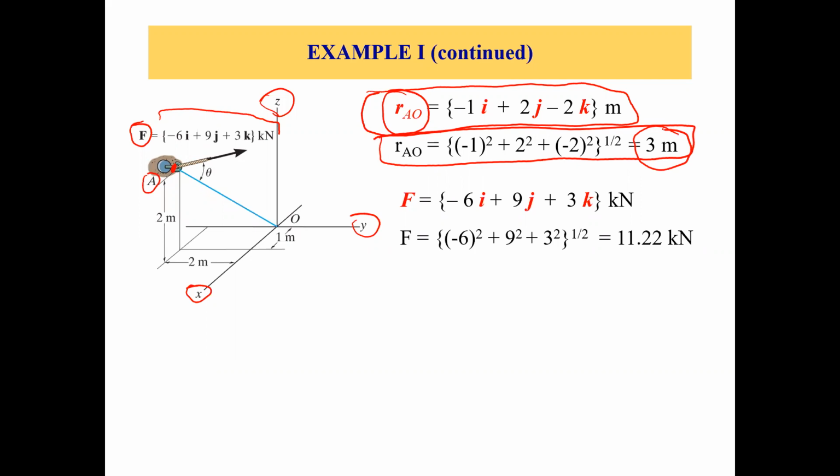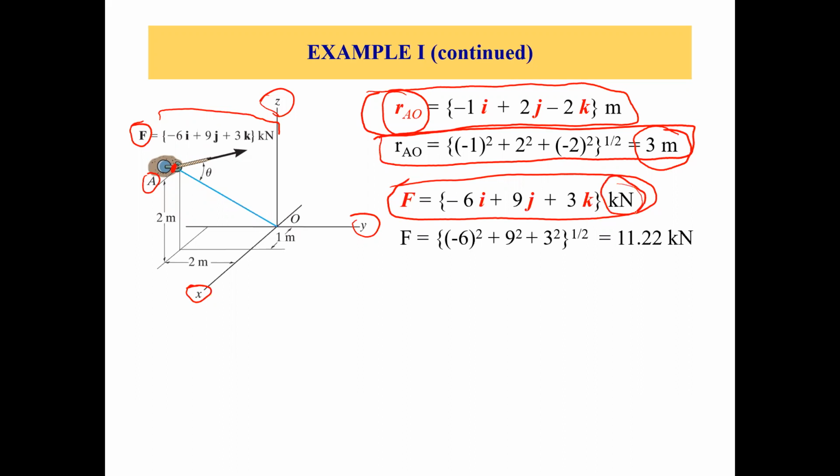So now we have the position vector and the magnitude of the position vector, and we already have the force vector F, which equals negative 6I plus 9J plus 3K, and it's given in kilonewtons.